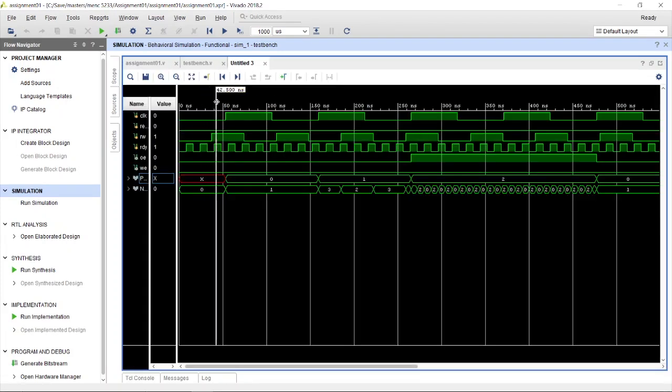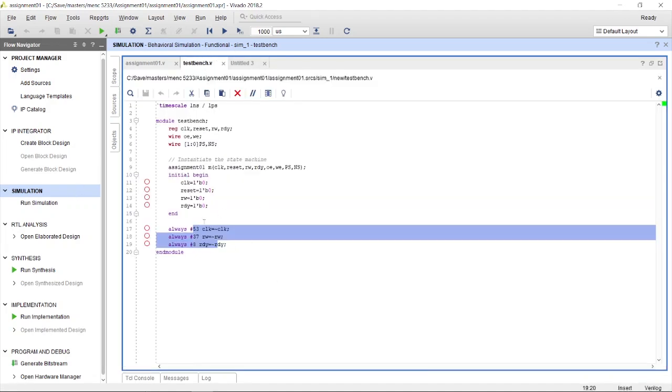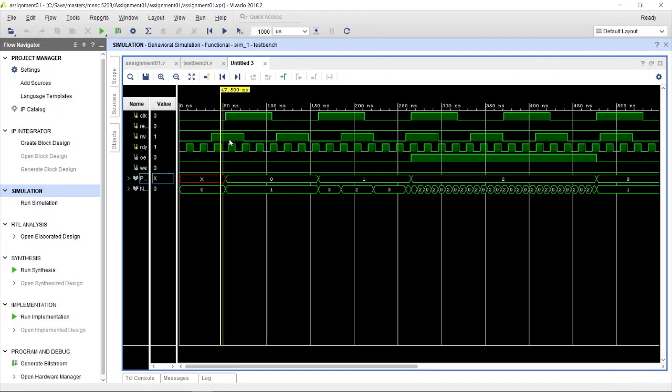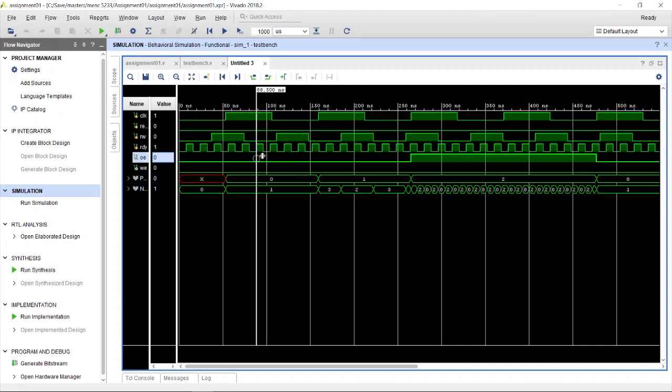Now we look at the simulation. When we simulate, we will get this. At the beginning, this part doesn't matter because the clock is still 0. When the clock becomes 1, from here to here, your present state is 0. Then it will go to 1 at the next clock cycle, which is here. Once this clock cycle engages, you will go to 1.